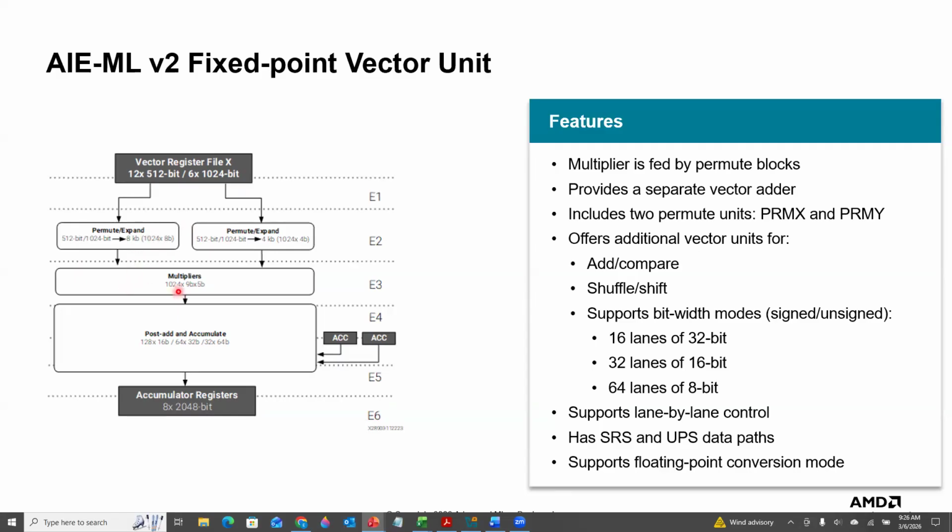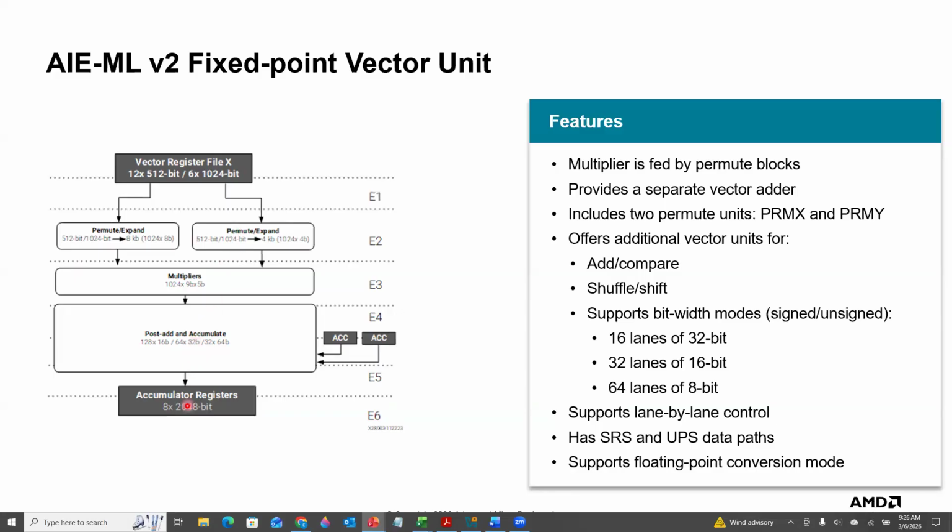So this is what allows the multipliers and the post add and accumulate to work in parallel. This is how we are getting multiple operations done on the same clock cycle across individual chunks of data in a given vector.